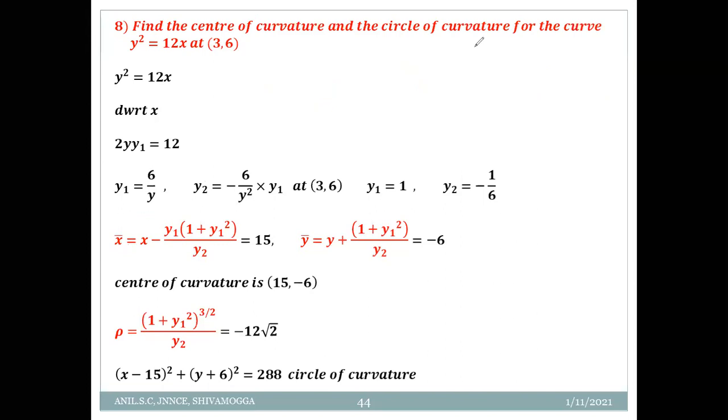X bar is given by x minus y1 into 1 plus y1 square divided by y2. Y bar is given by y plus 1 plus y1 square divided by y2.